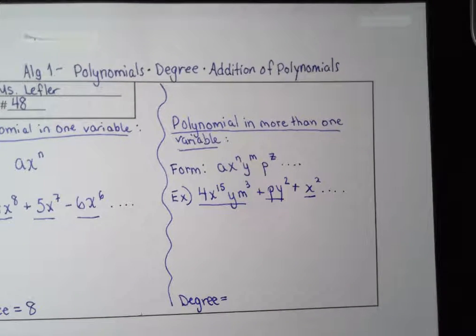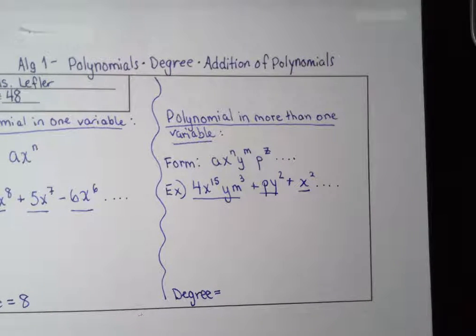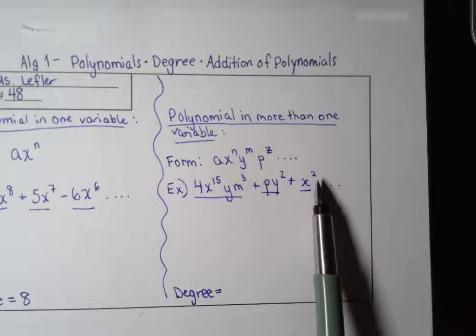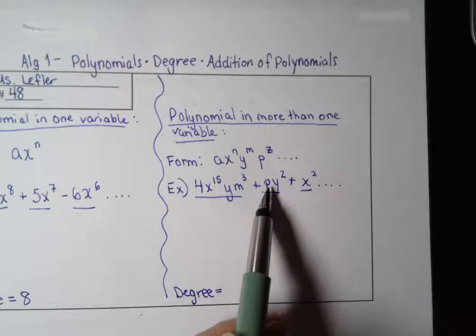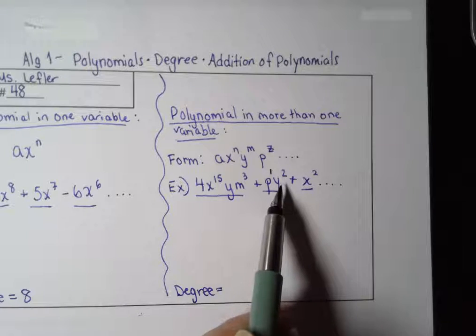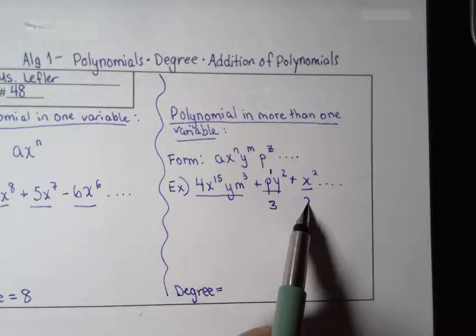And now we can find the degree. The degree of a polynomial with more than one variable is a little bit more tricky. It's actually the sum of all of the exponents in a term. So if we look at this one, we've got 3 terms. The exponent here is 2, an exponent here is 2, and then the p has an exponent of 1, so that would be 2 plus 1. So the degree of this term would be 3. The degree of that term would be 2.